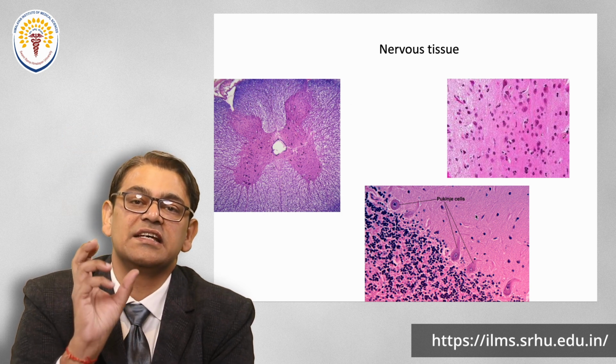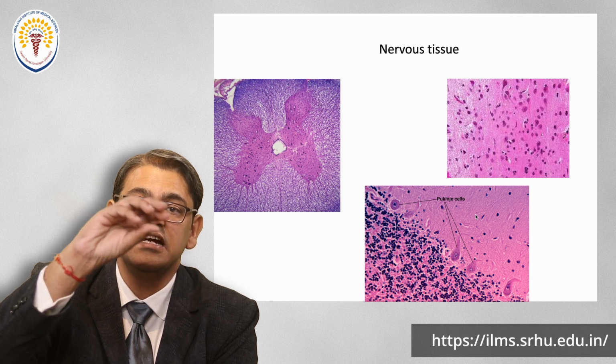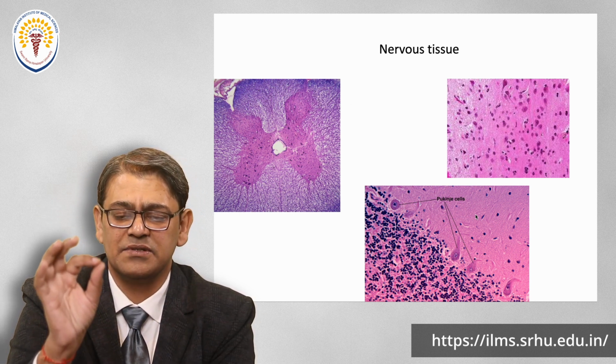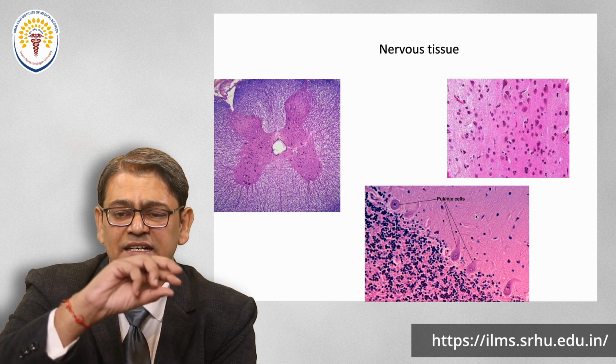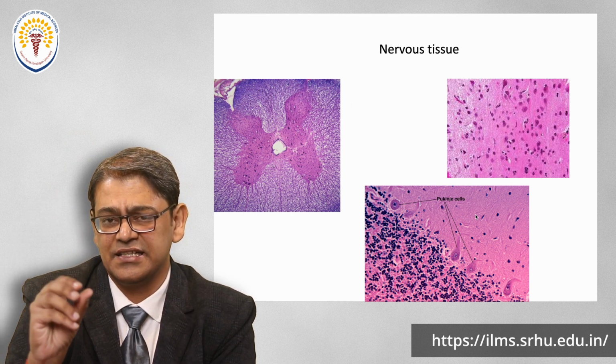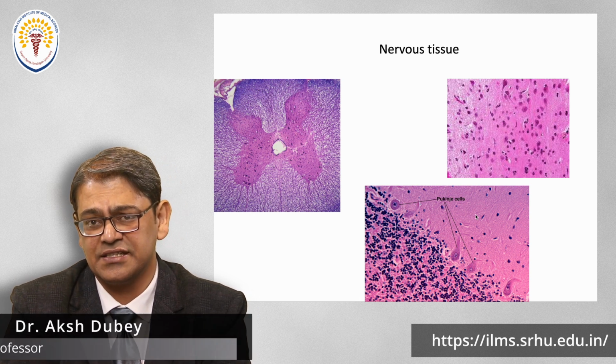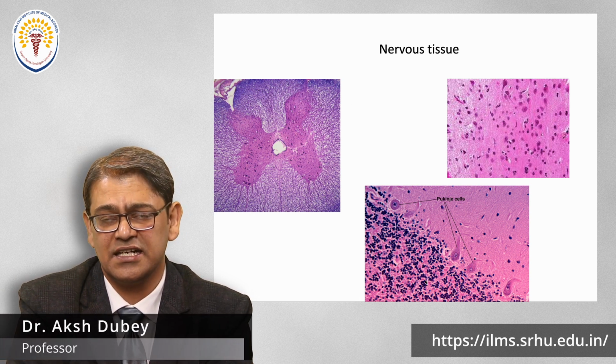In the cerebellum we see a Purkinje cell layer, easily identifiable, clearly arranged in a layer and divided into one lighter zone and another darker zone.